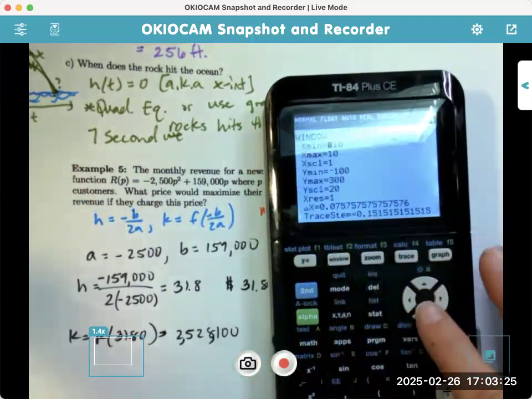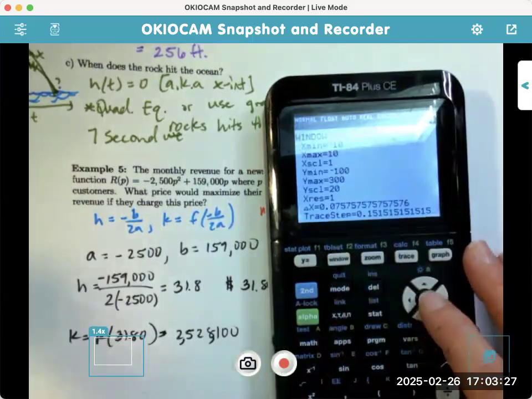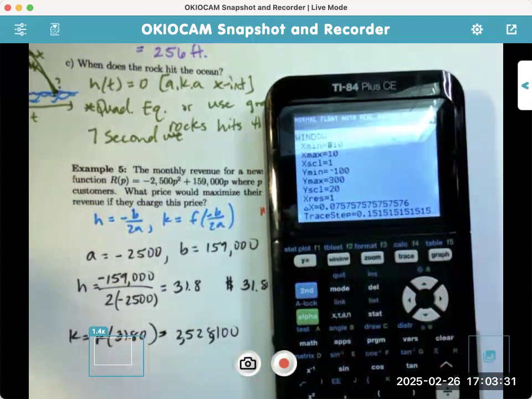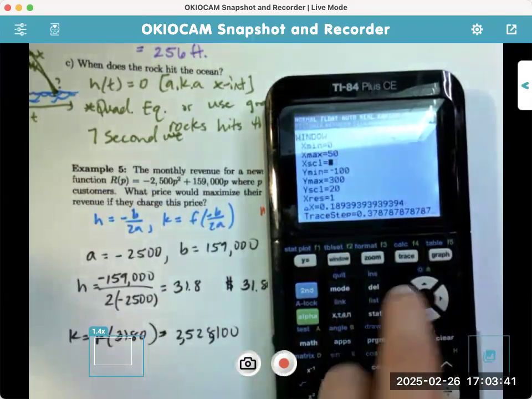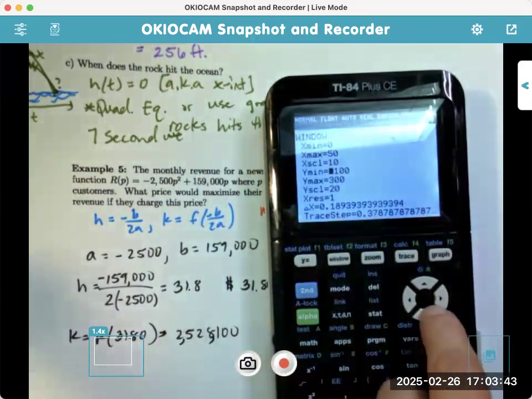Let's just check the window. Let's just say my x window is 0 to 50, with tick marks of 10. Y min of negative 100,000.